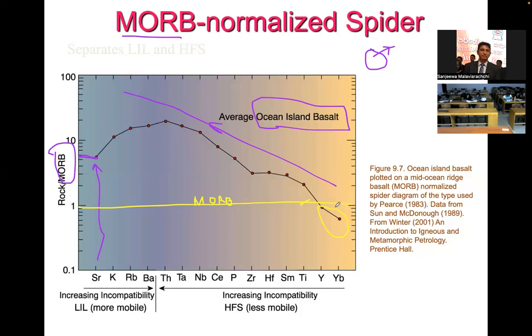Except those extremely compatible elements, all other elements are enriched compared to the MORB composition, right? So that is how the ocean island basalts are different from mid-ocean ridge basalt composition. This is a very important geochemical feature to identify the past geological processes taken place within the Earth's interior.